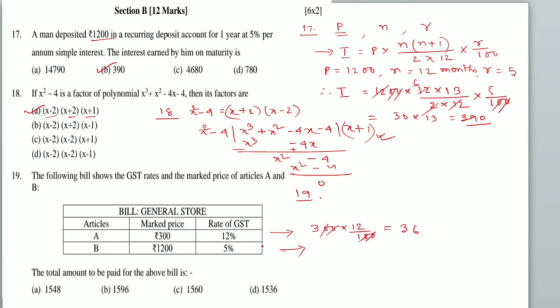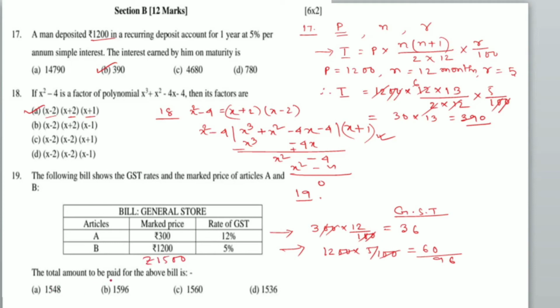And for article B, the GST will be 1200 into 5 by 100, so it will be 60. Therefore, total GST will be 96 and the total mark price is rupees 1500.